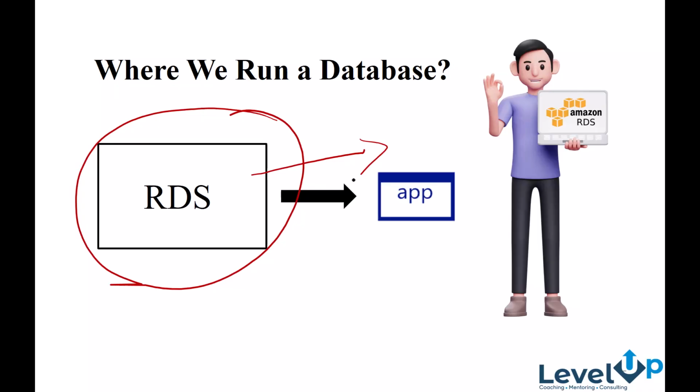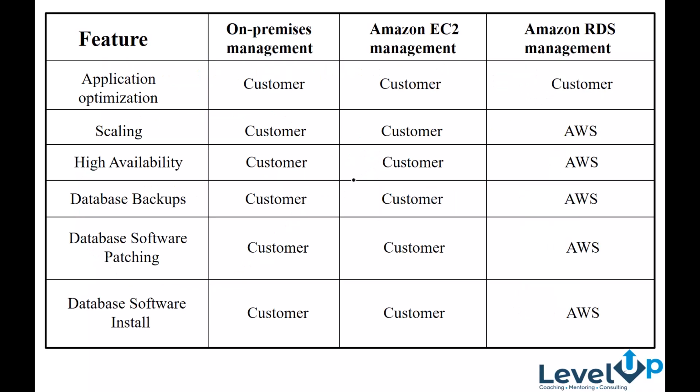Now let us compare the difference of using a database on premises versus using a database on an EC2 instance versus using a database with RDS. Let us see some of the tasks and who manages them. Say, application optimization. If I have to connect my application with AWS, who has to do that?